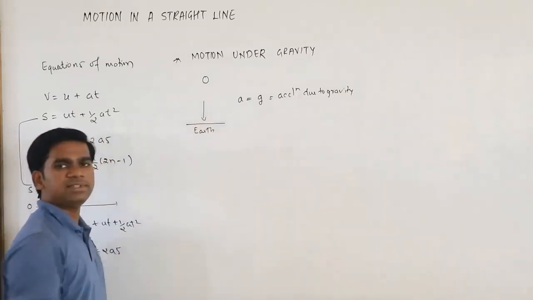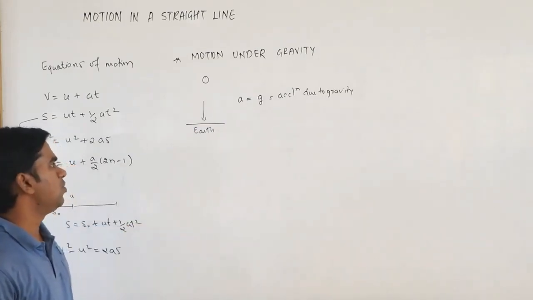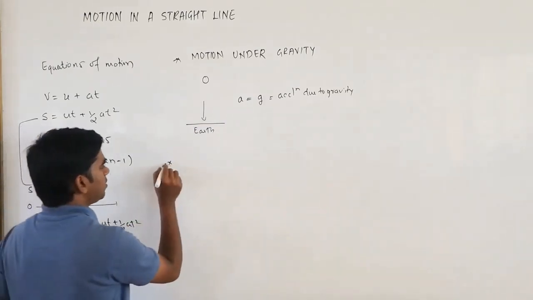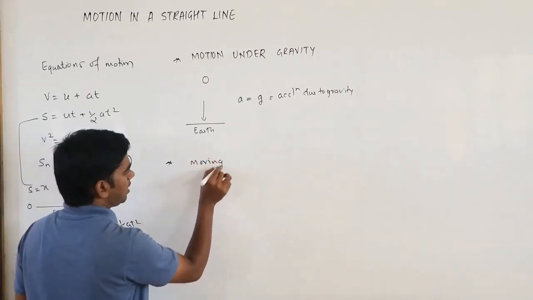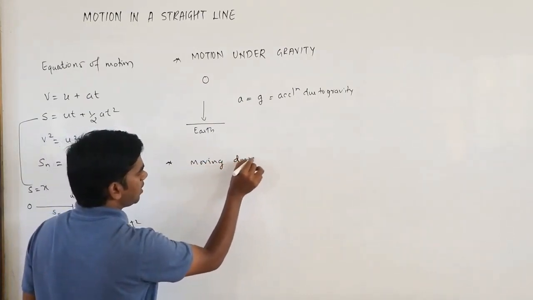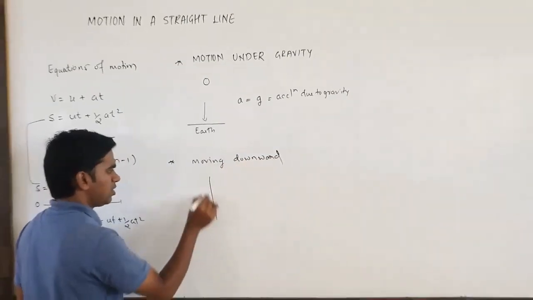But the sign of this g is very important while moving upward and while moving downward. Okay, so let's look at when the body is moving downward.